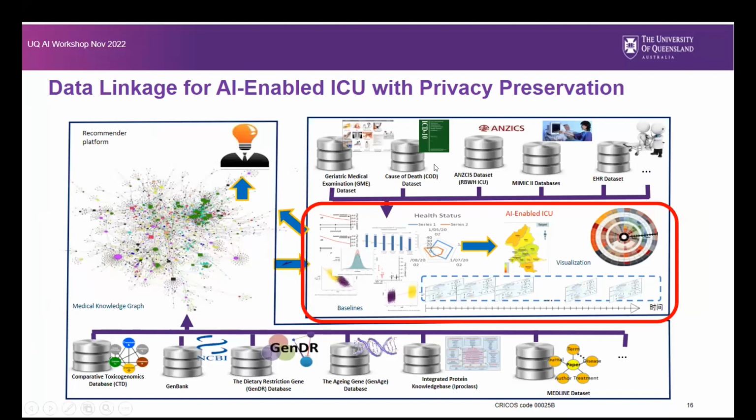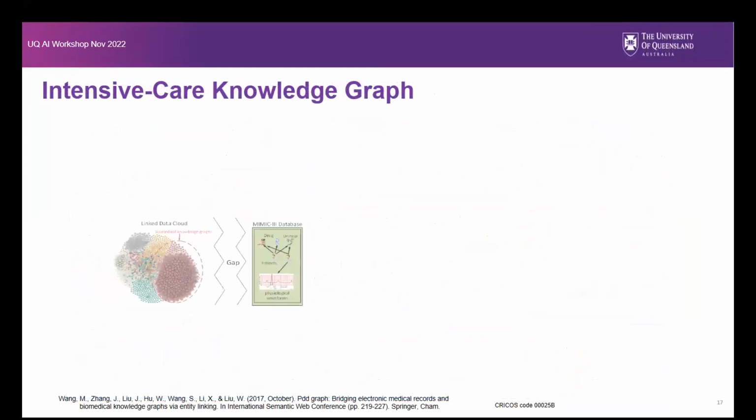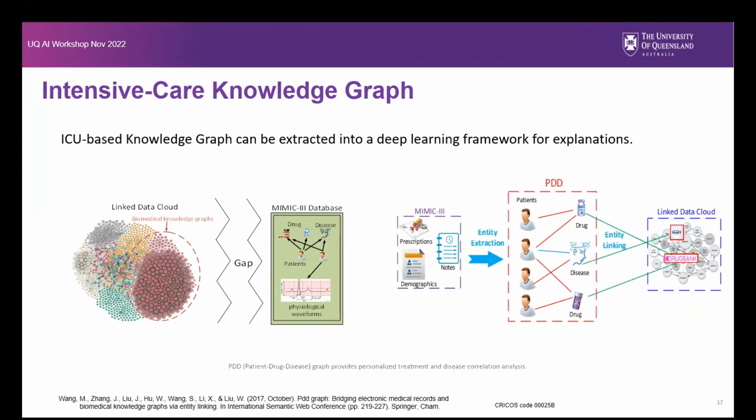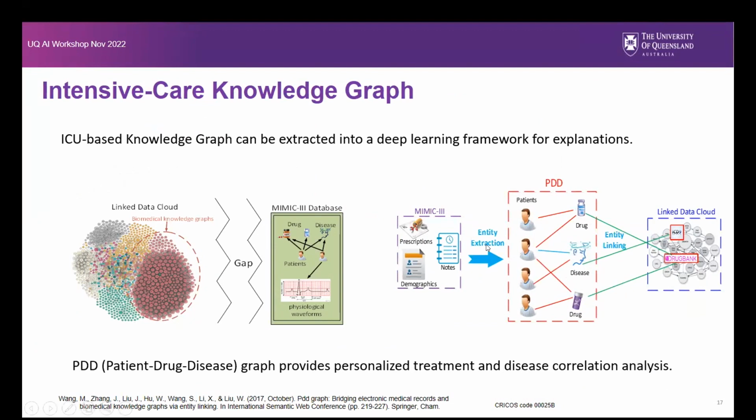There are so many data sets available for you. Some of them are openly available, some of them you need to apply for after the ethical approval process, ethical clearance. And then we also use medical records for the finish.